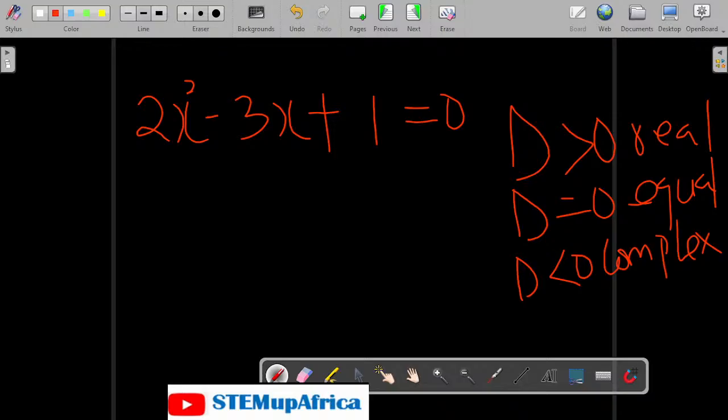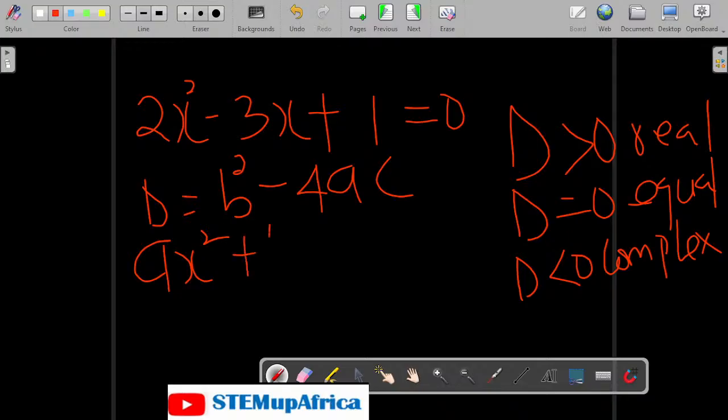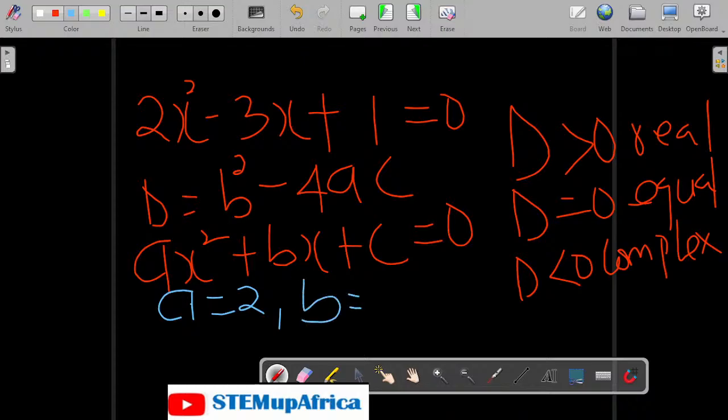So what is the expression for d we said the other time? Our d is b squared minus 4ac. That's the value of d. If I compare variables now with our quadratic equation ax squared plus bx plus c equals 0, you agree with me that my a is 2, my b is minus 3, my c is 1.